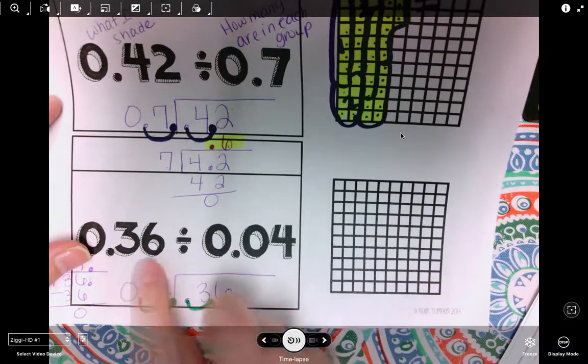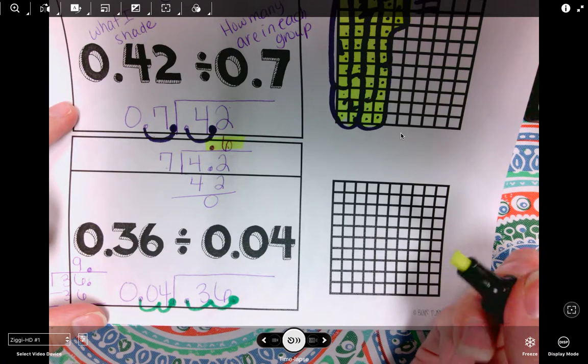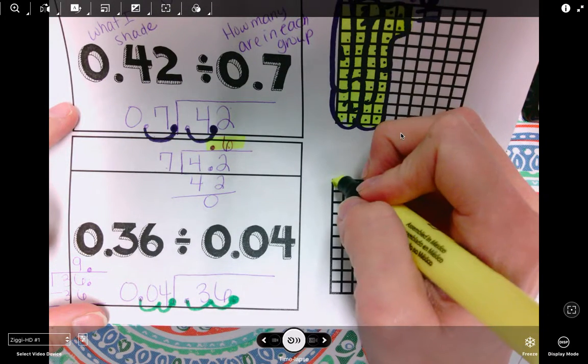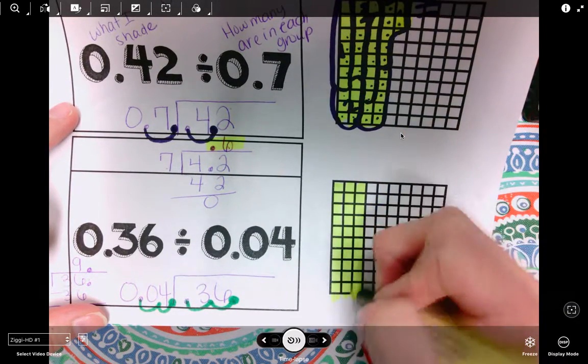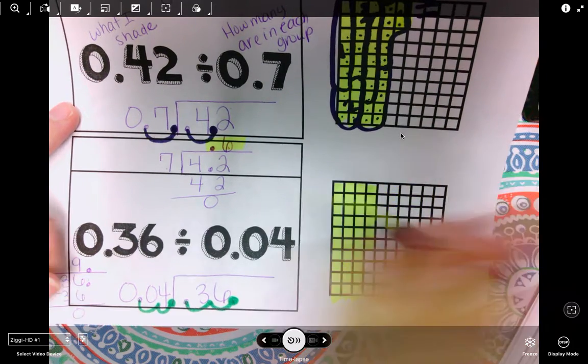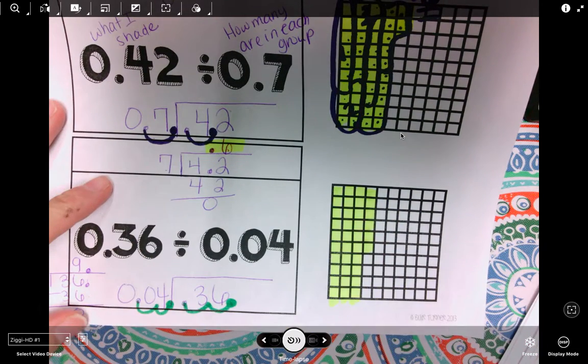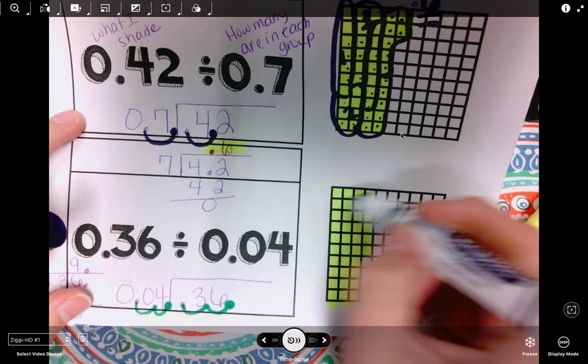Remember, the 36 tells us how many we shade. So we shade in 10, 20, 30, 1, 2, 3, 4, 5, 6. And we are going to group them into groups of 4. So I see 4 here.